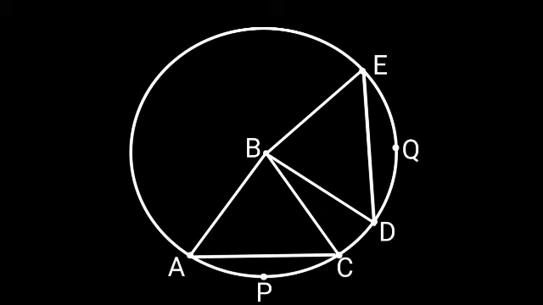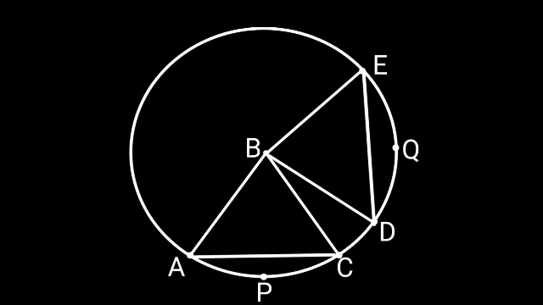In this figure, B is the center of this circle. AC is a chord, DE is a chord, and arc APC and arc DQE are congruent to each other. We have to show these two triangles congruent to each other.